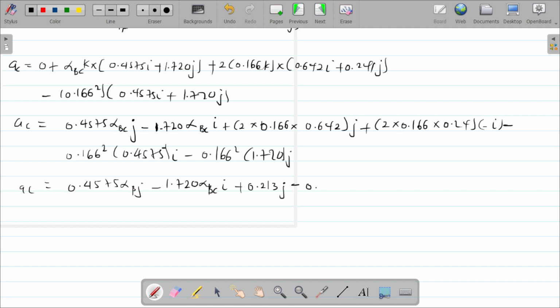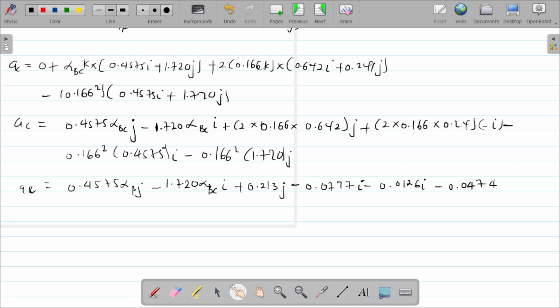So this gives us 0.0797 I, and then 0.166 squared times 0.4575, so we have minus 0.0126 I minus, times 1.720, so minus 0.0474. All right, so this is acceleration C.